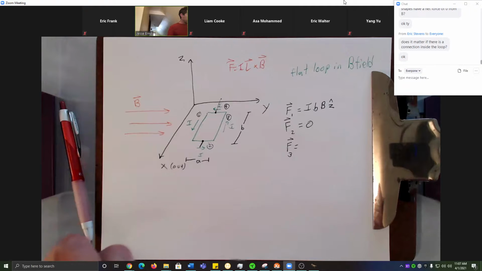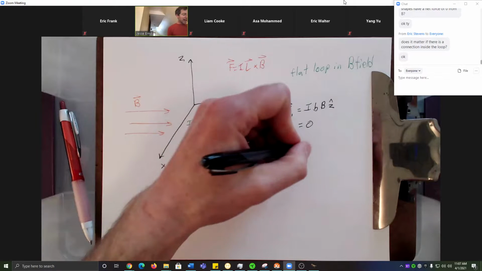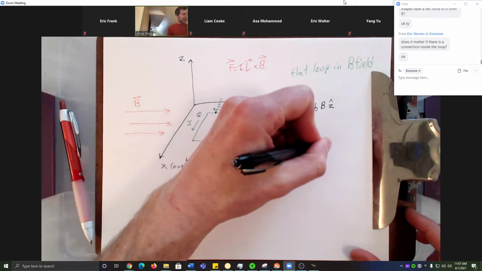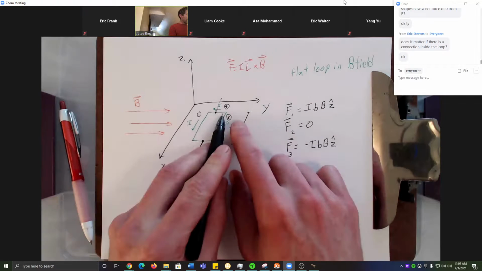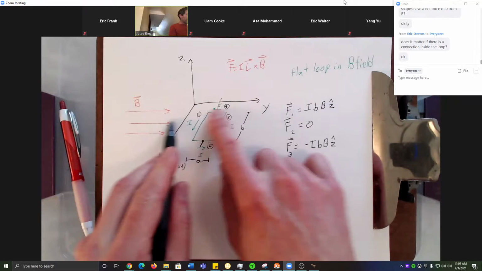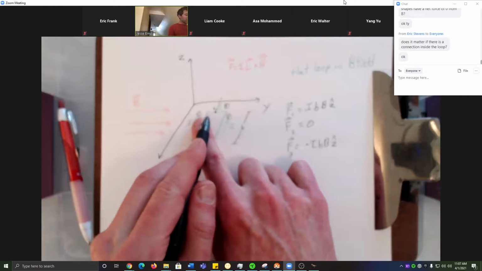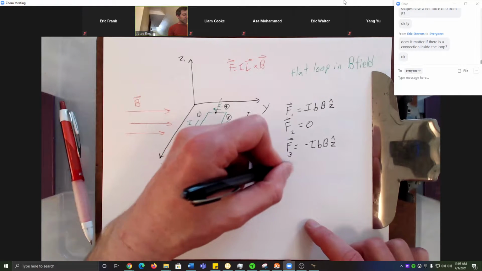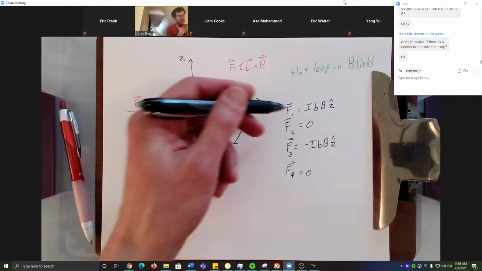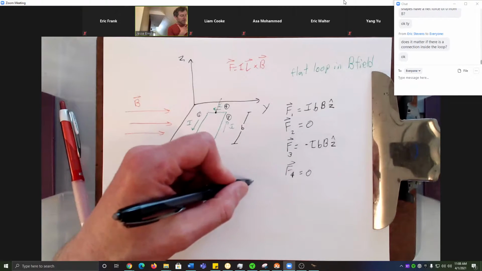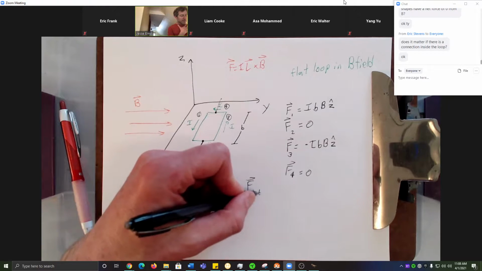So the force on leg 3 is going to be minus I times B times Z hat. And on leg 4, the length vector and the B vector are opposite to each other, so the force is 0. And so again, no surprise, F total is 0.